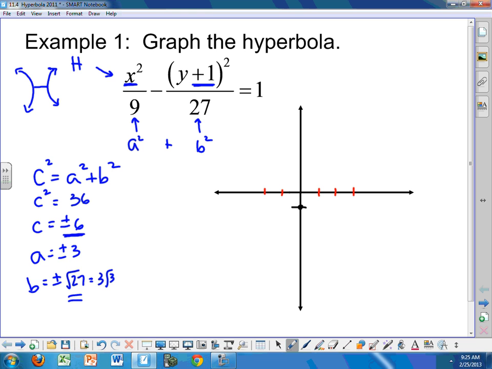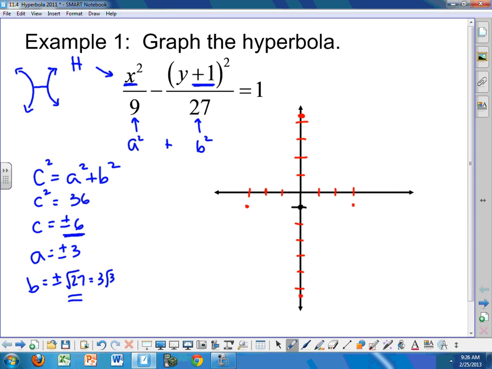I'll try to do this in somewhat of a neat fashion. That didn't look very good. Let's see here. I want to make these units look at least somewhat decent. Close enough. That's going to be our a, and that's the a going the opposite way. The b is going up quite a ways. Radical 27 is a little more than 5, so I'll put it up there a little more than 5, and a little farther down.